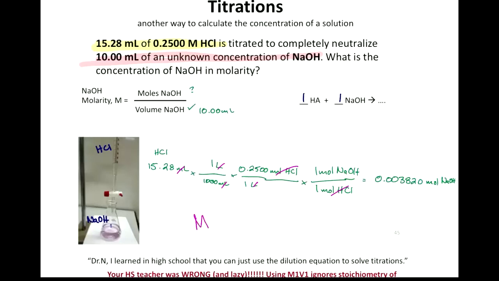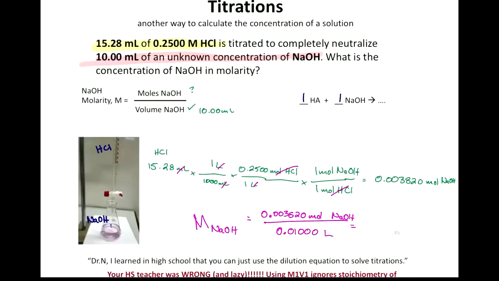I want the molarity of sodium hydroxide, so I need to divide that number by liters, the amount of solution that you actually used here, and that's 10 milliliters. So there's still one last step I need to do here. Moles of sodium hydroxide, and then I will divide by that 10 milliliters, but make sure that this is in liters for molarity.